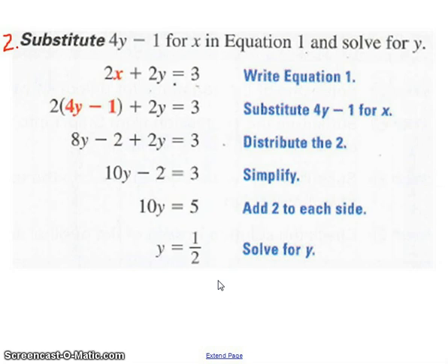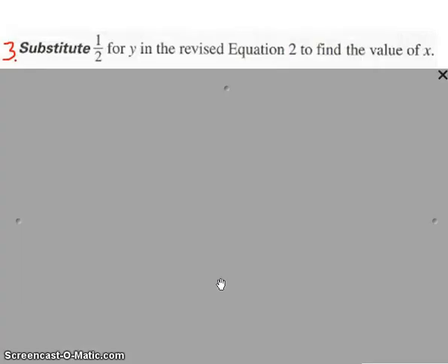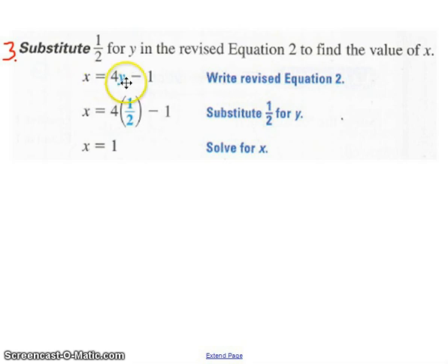Now I know what y is. I put y back into the original equation, but its revised version. That's the textbook's way of doing it. They say go for the revised version of equation 2. So put a half instead of saying y. So that was my revised equation.